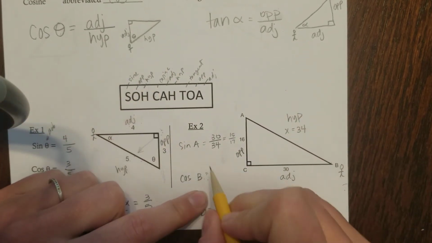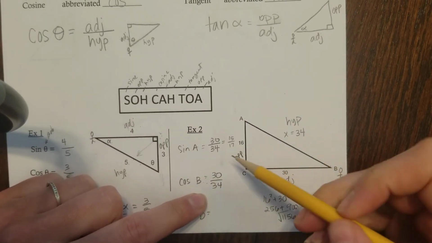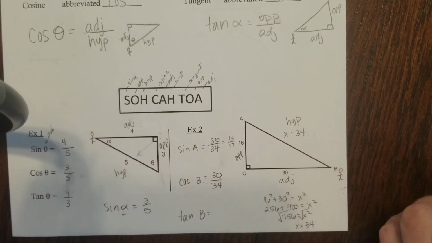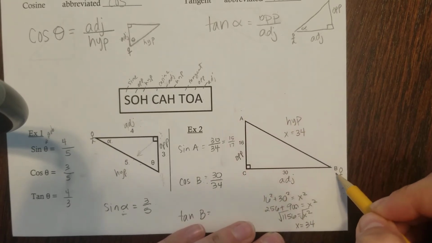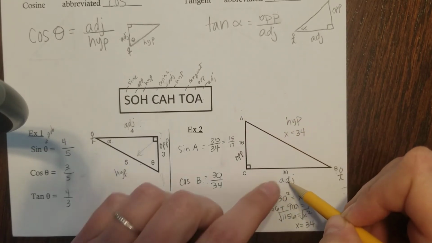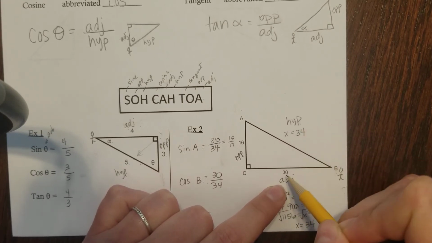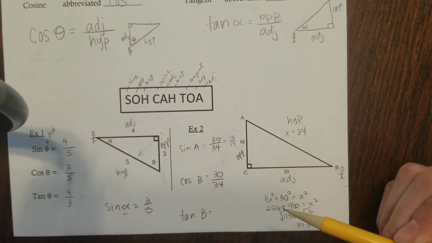So adjacent is 30, hypotenuse is 34. Oh, that's interesting. Do you see that they have the same ratio? Why does that happen? Well, because Bob is moving to a different angle, the side that was opposite over hypotenuse is now the adjacent over hypotenuse. So these ratios can be the same as long as we're standing at different angles.